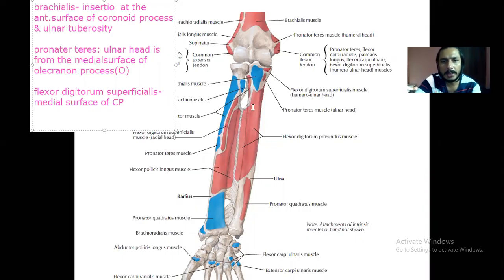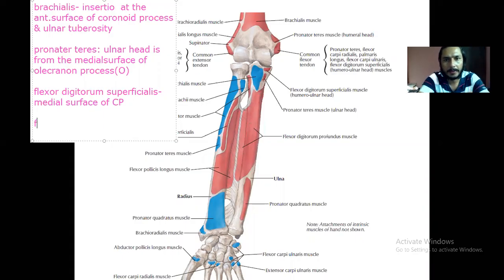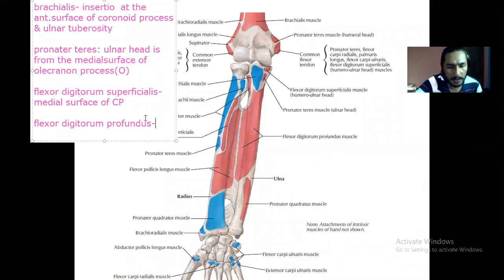Now next muscle, can you see this large muscle here? That is the flexor digitorum profundus. Profundus means deep. So this flexor digitorum profundus has got a large origin actually.